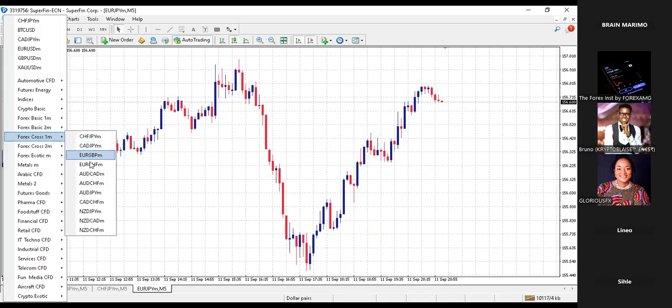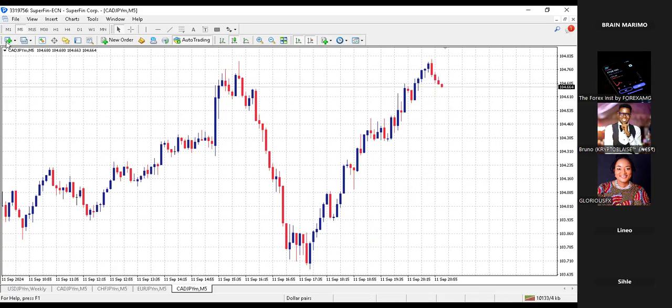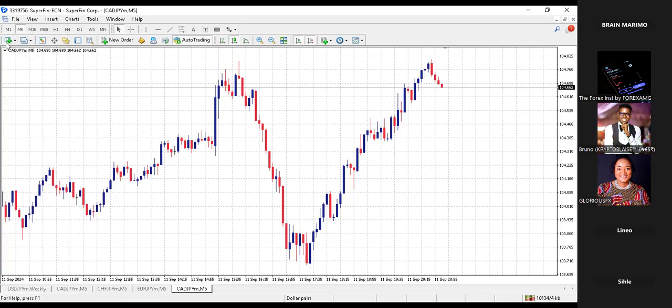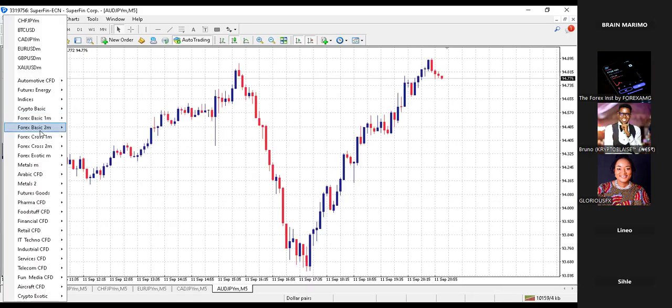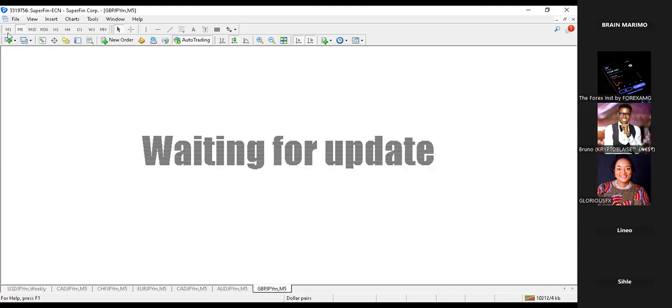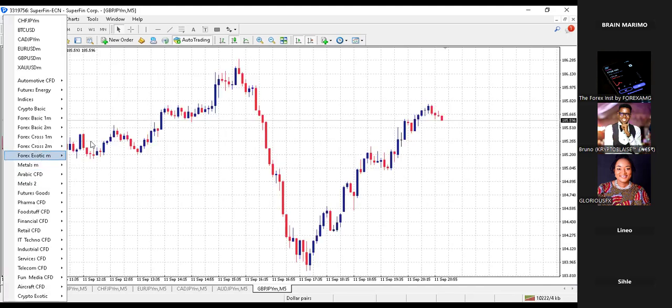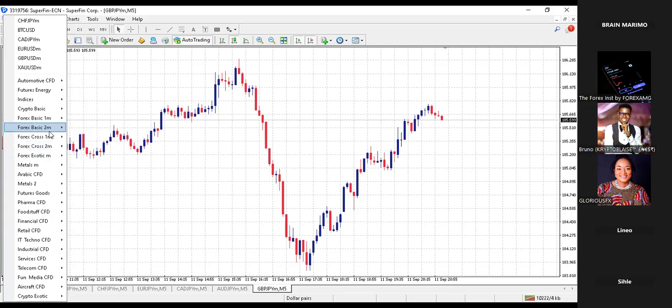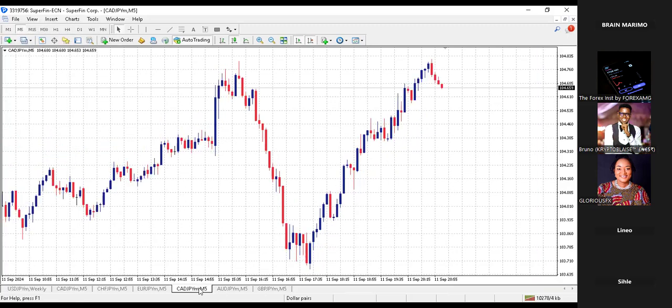I think we've got JPY already. I'll delete it if we have it. Yeah, we already had it. AUD JPY, let's bring that in. Who else are we missing here? GBP JPY. I think that covers it, right? Just delete this extra JPY.